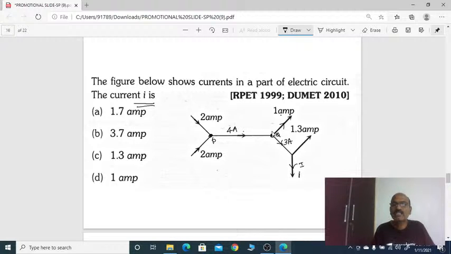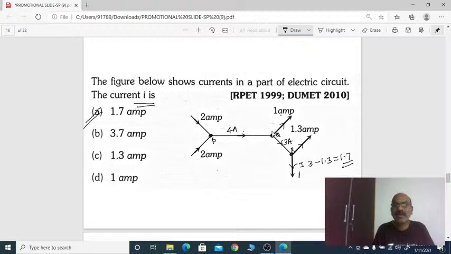Now again in this 3, 1.3 is leaving away. So what is the current here? 3 minus 1.3. Not 0.7, 3 minus 1.3 is 1.7.